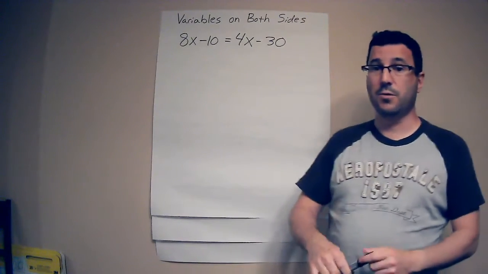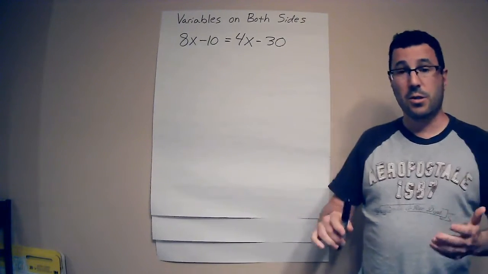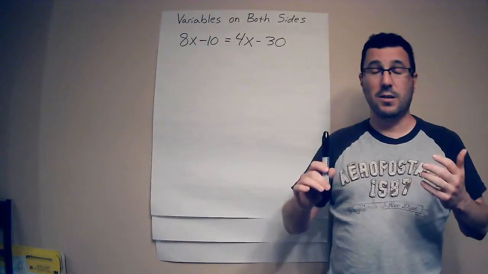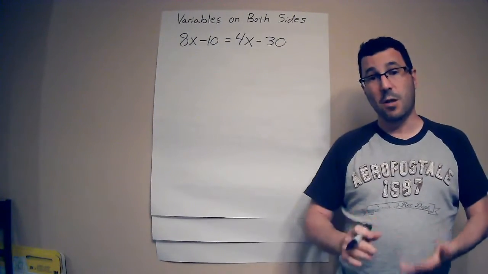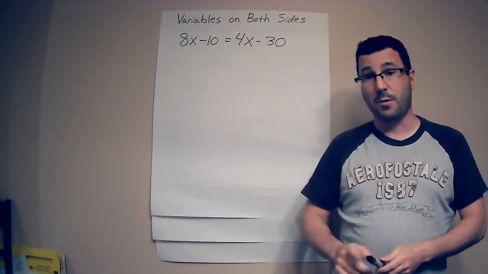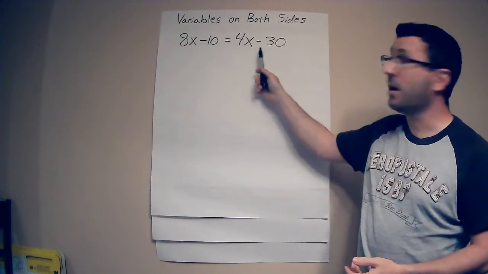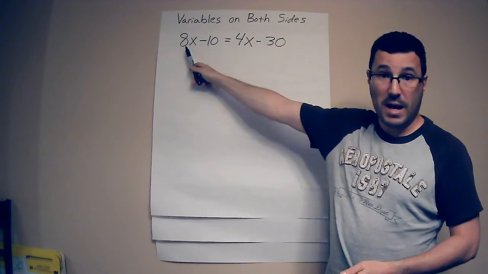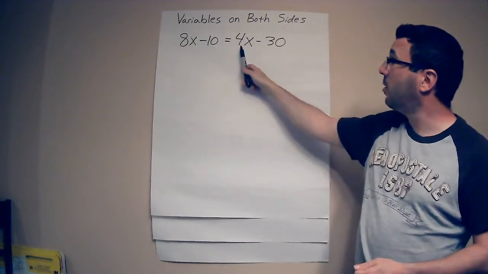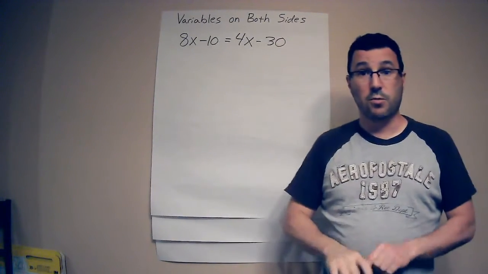What I tell my students to do is look at the two variables and see which one has the smaller coefficient. The coefficient is the number that's in front of the variable. So in this example, 8x minus 10 equals 4x minus 30. We have a coefficient of 8 in front of this x and a coefficient of 4 in front of this x. So the smaller of those two is the 4.